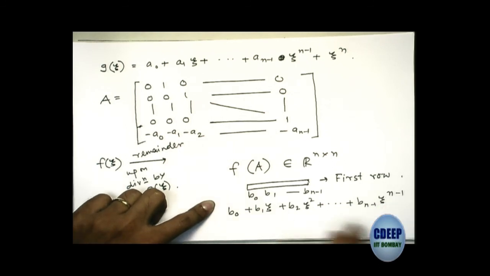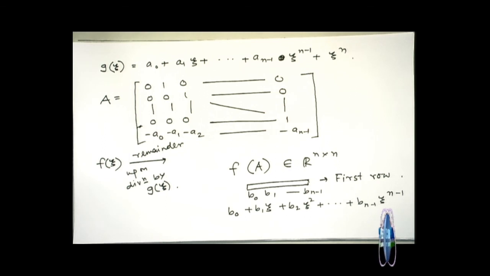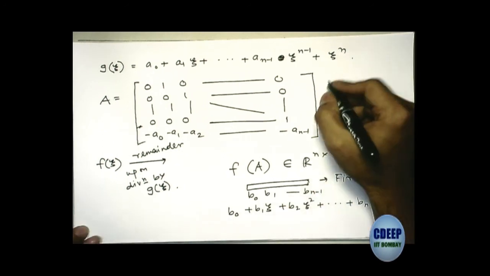See, the remainder can have degree at most n minus 1. So this is enough. This should be the remainder. So nice, no? This matrix is called the companion matrix.